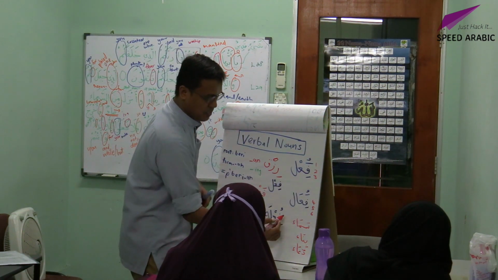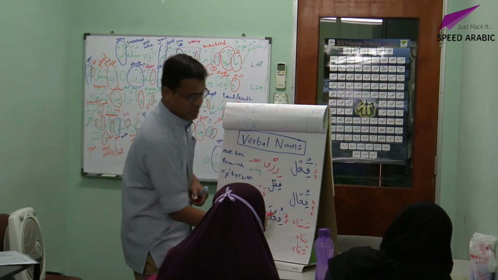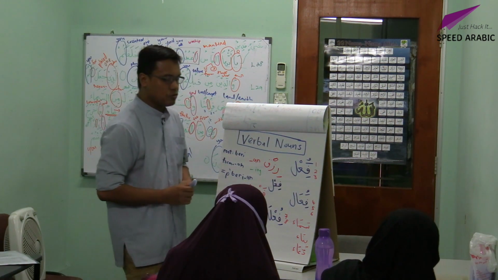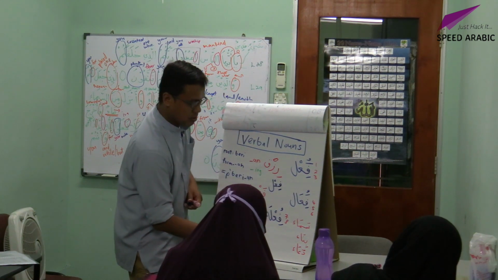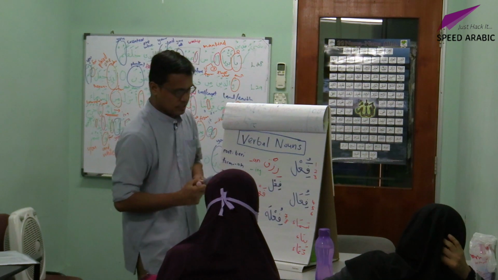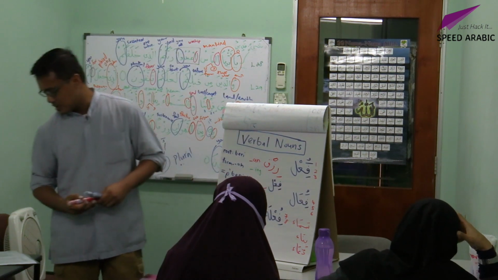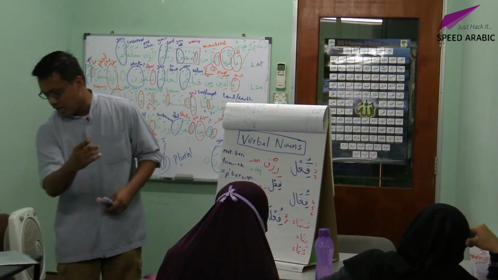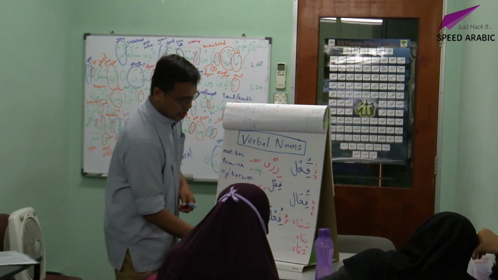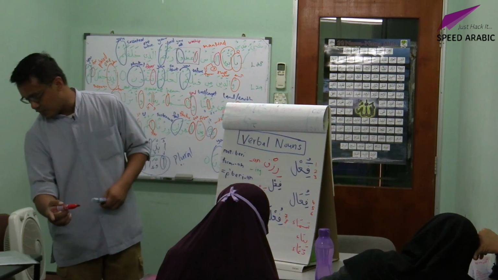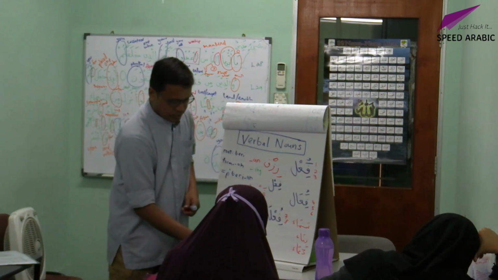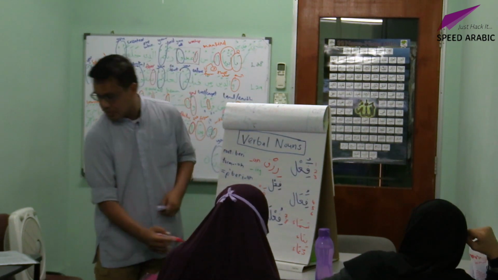So actually we have many. So we have 8 forms actually for now. And then you have fu'ul. Fu'ul is the 9th form, right? What else? And then you have fu'ala and fi'ala. That will be 8 and 9. And then you would have fu'lan and fi'lan. That would be 10, 11.